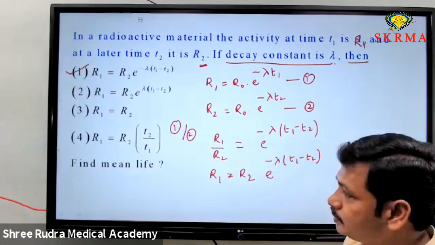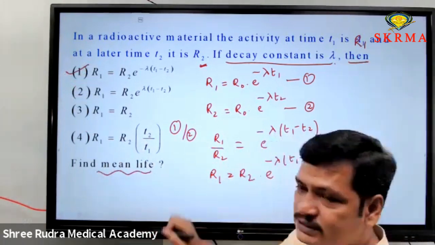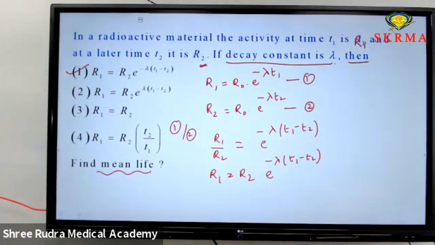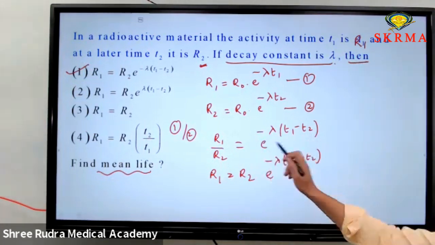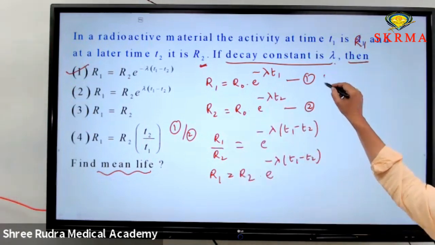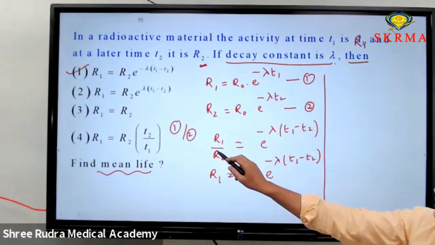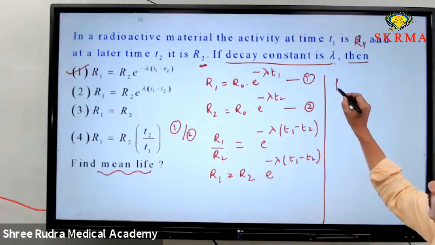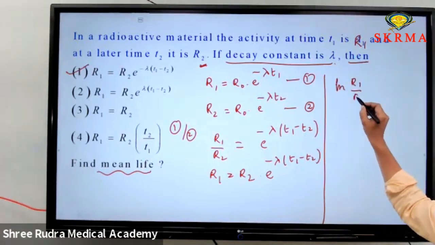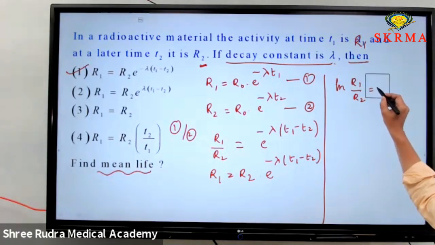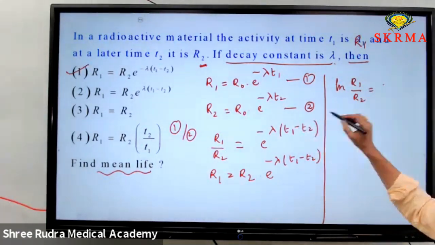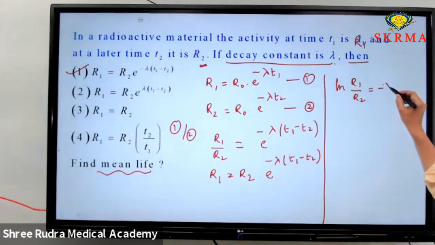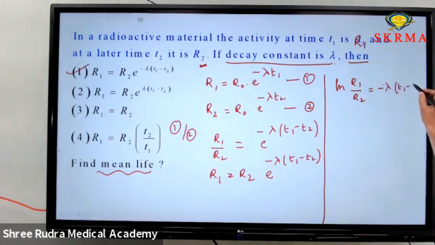Later, a question may be asked about mean life in this case. If you want to calculate mean life, it is simply the reciprocal of the decay constant. So if we can calculate the decay constant, we can write the equation for mean life. From this equation, take the logarithm on both sides: ln R1 by R2 equals minus lambda times (T1 minus T2).